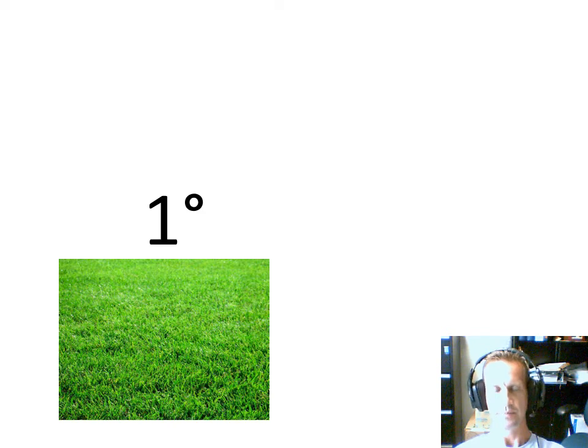So primary production is the production of organic matter using inorganic ingredients. And so to do primary production, you need to be a primary producer, something like the grass in your lawn or the phytoplankton cells in the ocean.